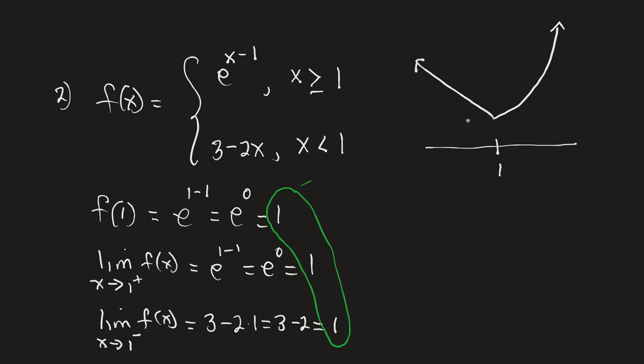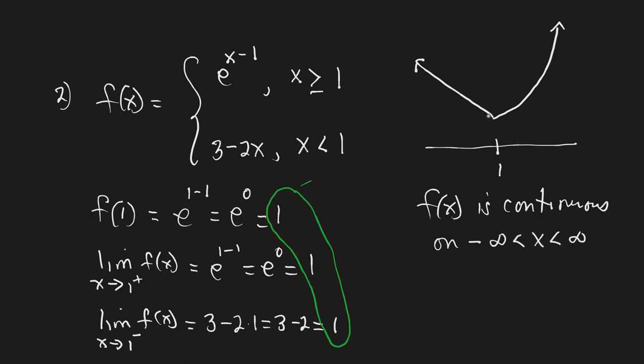So you can see that this function, right, a piece of it is linear, a piece of it is exponential, and both pieces meet up at the same point. So the function doesn't have any holes, it doesn't have any jumps, it definitely doesn't have any vertical asymptotes, so we can say that this function, f of x, is continuous on the interval, so the entire real line, right?